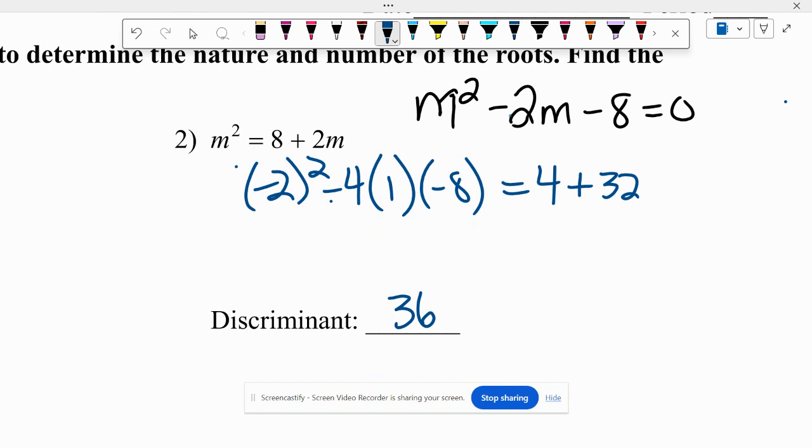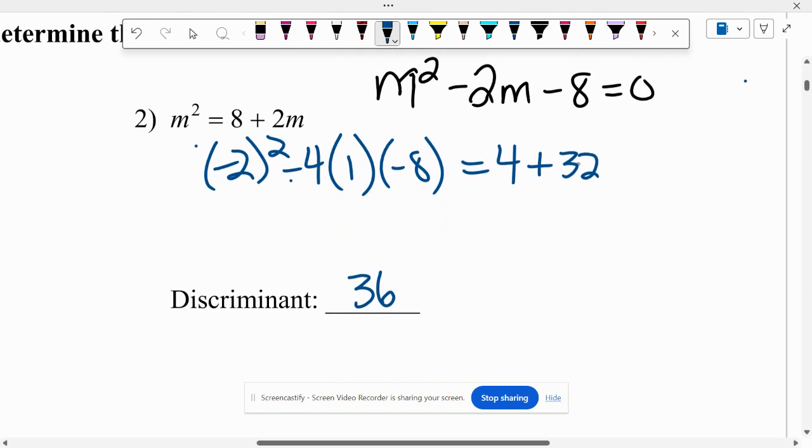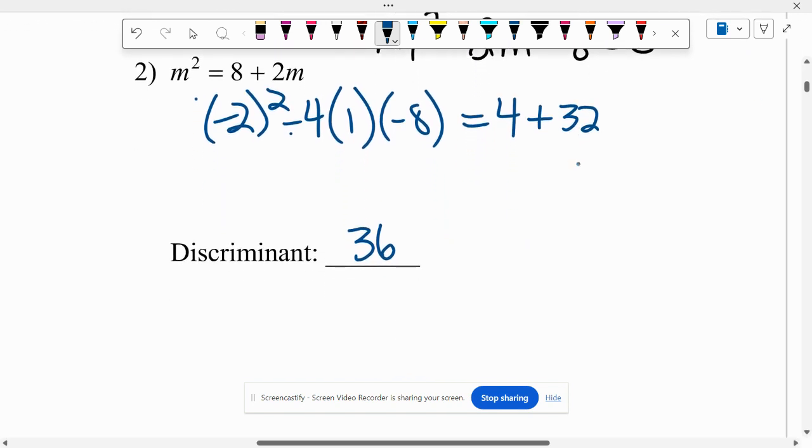So what do we know about perfect squares? Look at your notes from yesterday. If it is a perfect square, what kind of roots are you going to have? And for those of you that have filled out notes, I did not write down the nature and number of roots. You want to add this. So from a perfect square, what do we know?